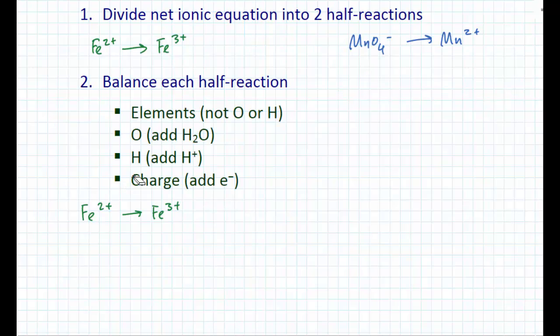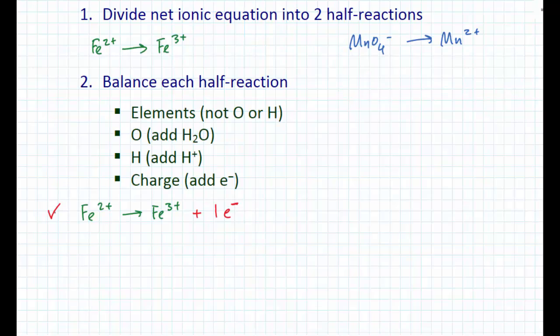So what can I do with electrons? Where can I put electrons? So I'm going to say plus 1 electron. Okay, so then that one is good. Put a little check by that. If we have an electron as a product, is that a loss of an electron or a gain of an electron? That's a loss of an electron.